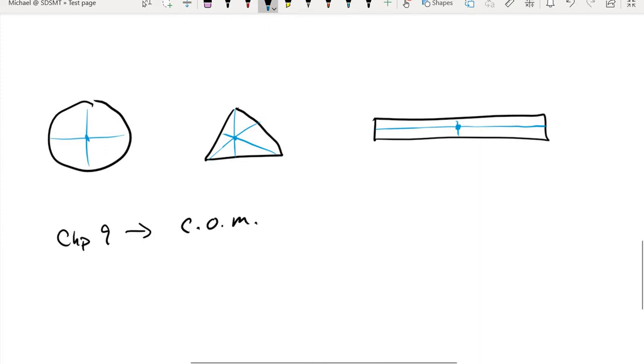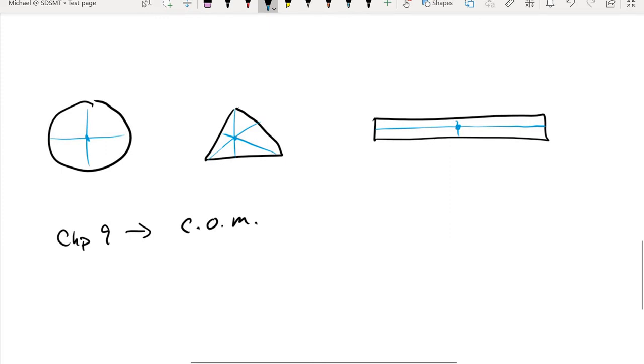And these are going to be the points where each of these masses actually rotate. These are going to be the pivot points for these objects. And so each of these objects has the same amount of mass.